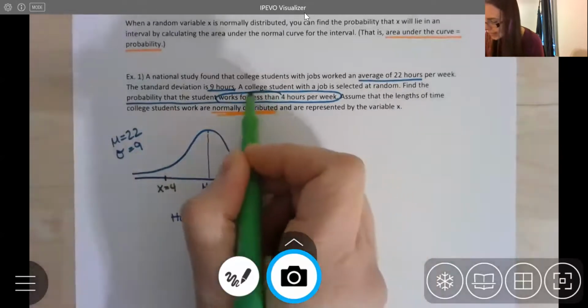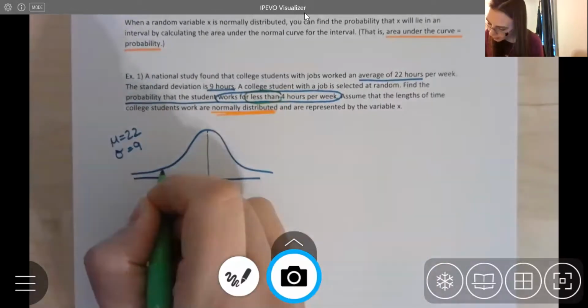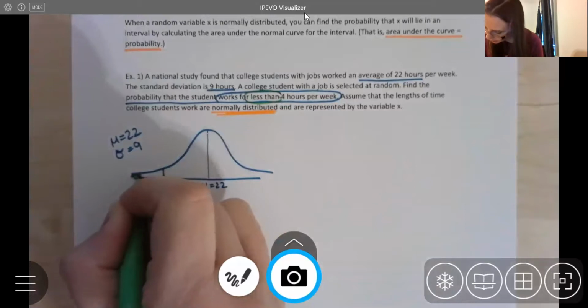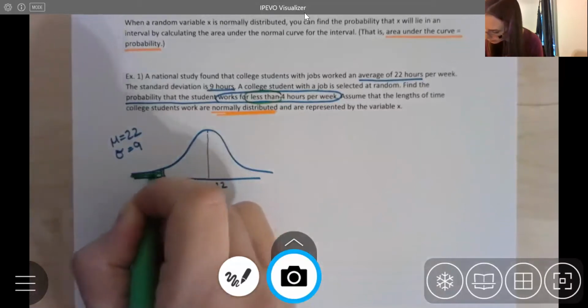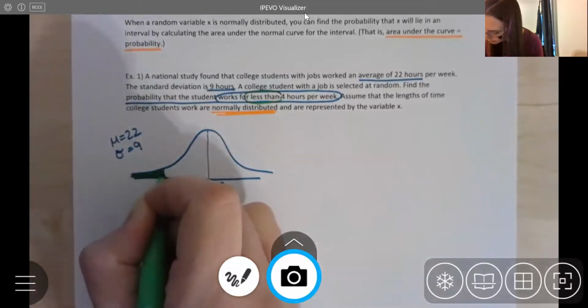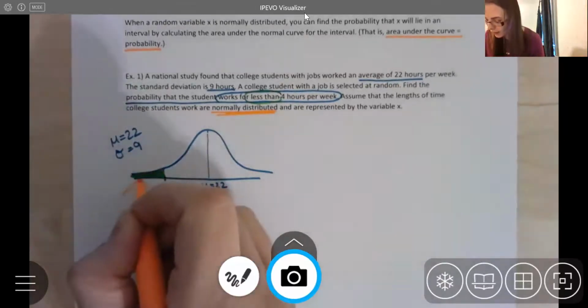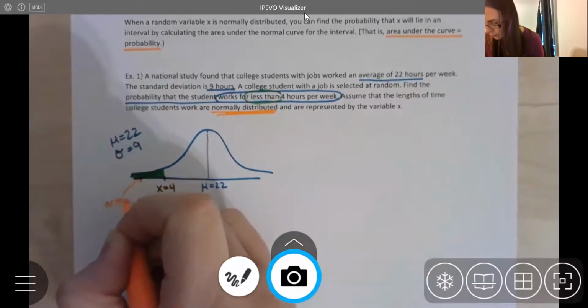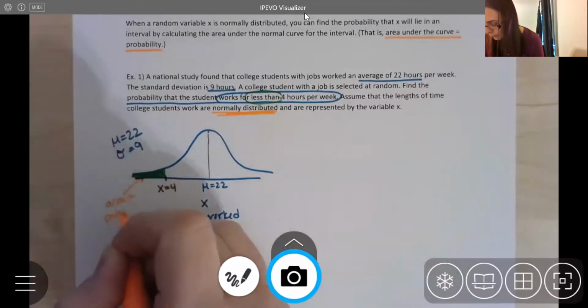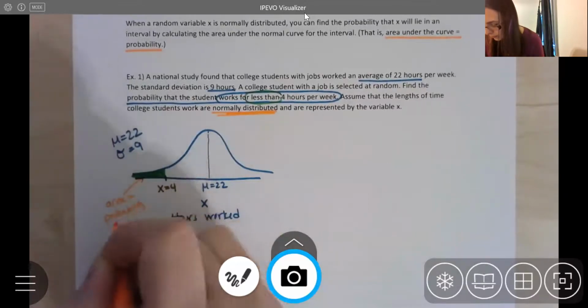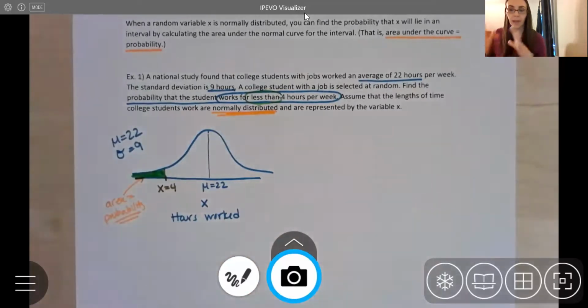And I want less than 4 hours. So the part of the curve I'm looking at is this over here. Right? So I want less than 4 hours. So the area of this is going to equal my probability. So area and probability, same thing, okay?